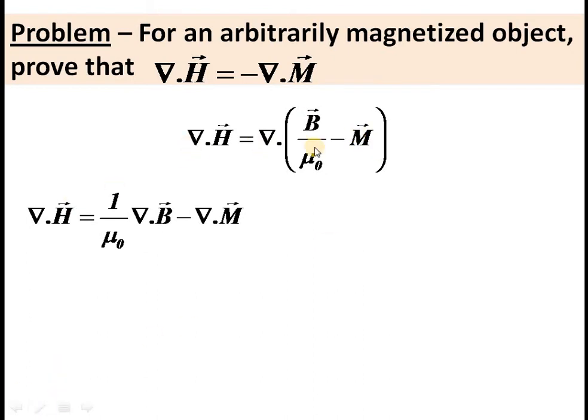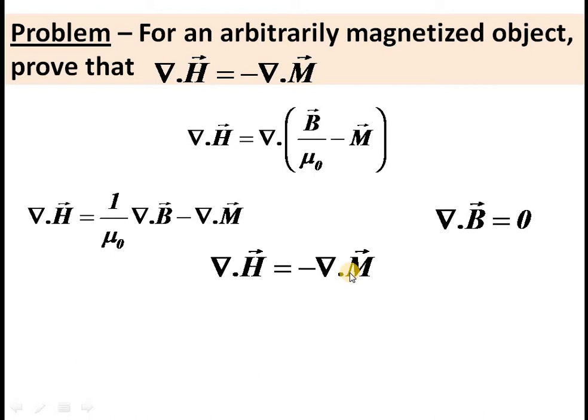We will get 1 by mu 0, this is a constant, into del dot B minus del dot M. And what is del dot B? You know, divergence of B is 0. So that can be removed. So then what is left? The first term has disappeared. So then we have del dot H is equal to minus del dot M.